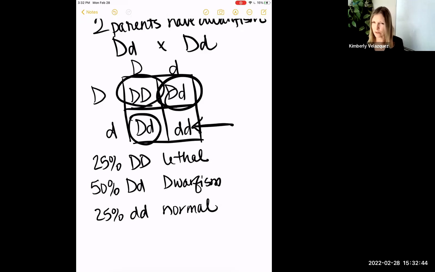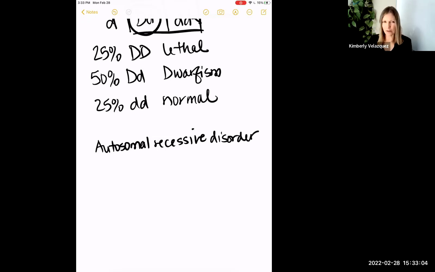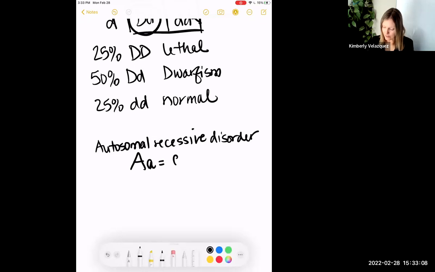There's no way for it to be autosomal recessive because in that case, these heterozygous individuals would not have the disease or disorder. So again, quick reminder, if it's an autosomal recessive disorder, we're looking at the heterozygous individuals to tell us big A, little a is called a carrier, no disease.